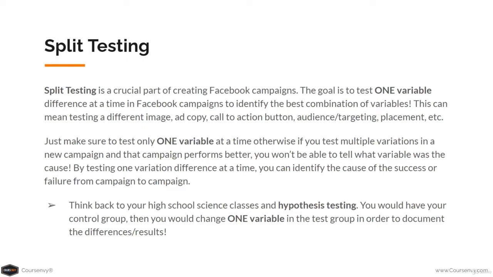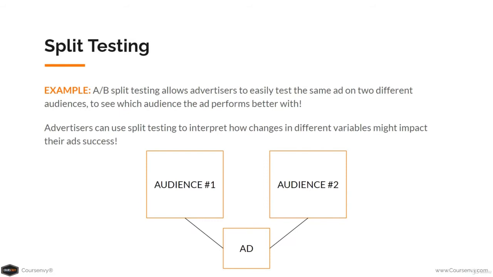the differences and results. A/B split testing allows advertisers to easily test the same ad on two different audiences to see which audience the ad performs better with. Advertisers can use split testing to interpret how changes in different variables might impact their ad success.